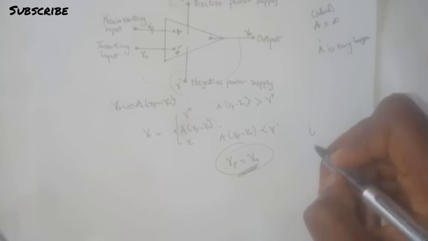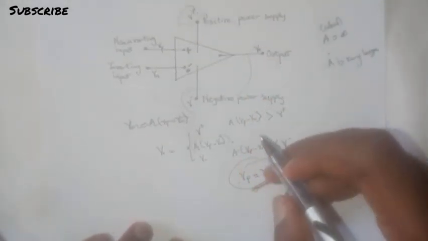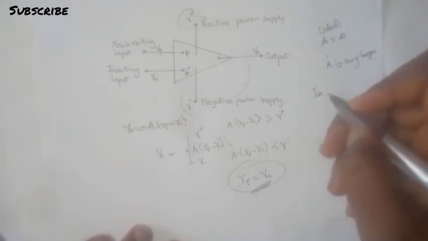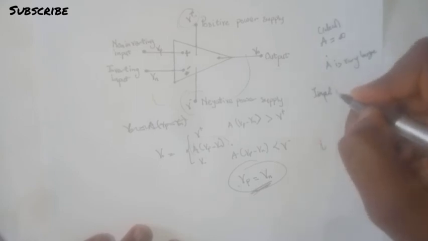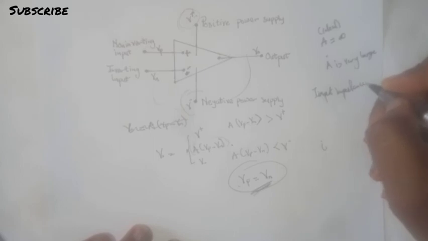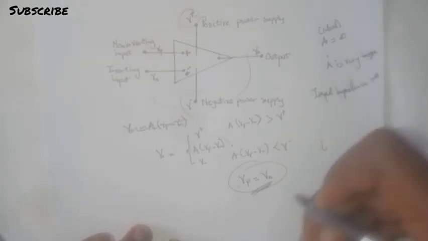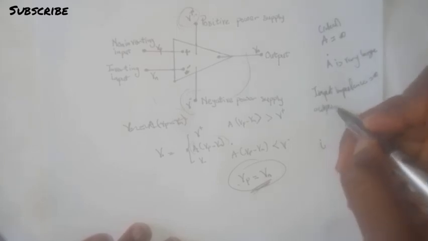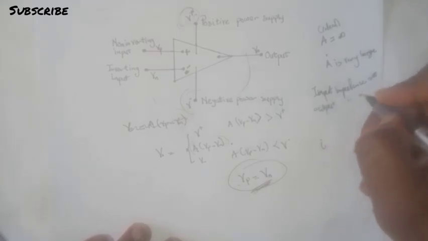Now that we're done talking about the constraints on the voltages in an operational amplifier, we should talk about the constraints on the currents in the operational amplifier. Another important characteristic of an operational amplifier is that the input resistance, the input impedance, equals infinity, and then the output impedance equals 0.